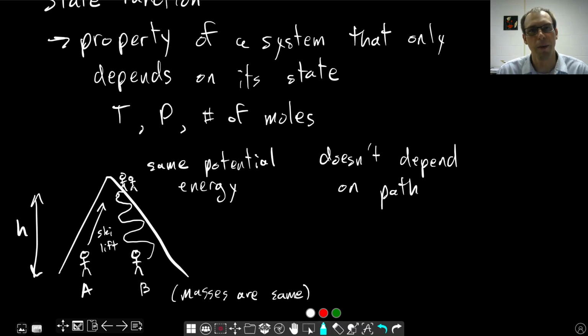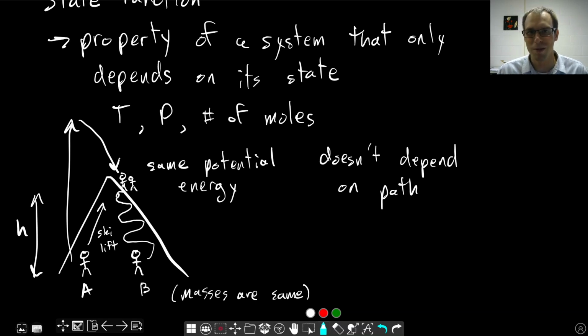We'll rely on this property of energy and related variables of systems that are state functions to say we can imagine whatever path we want to get there. You could imagine skier A rides a rocket ship or a helicopter up above the mountain and then parachutes down to the mountain. Once he's on that mountain, he's going to have the same amount of potential energy regardless, even though one path required a helicopter and a parachute.